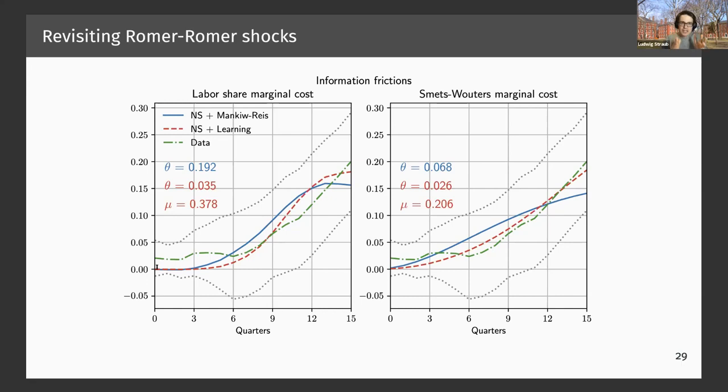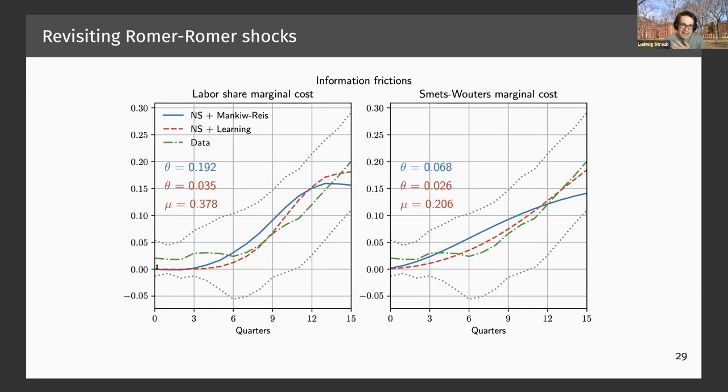So at the core this is really just a menu cost model that matches individual price setting behavior, on top of which we put information frictions, so that in addition to matching micro pricing behavior, this model now also matches aggregate macro time series moments.